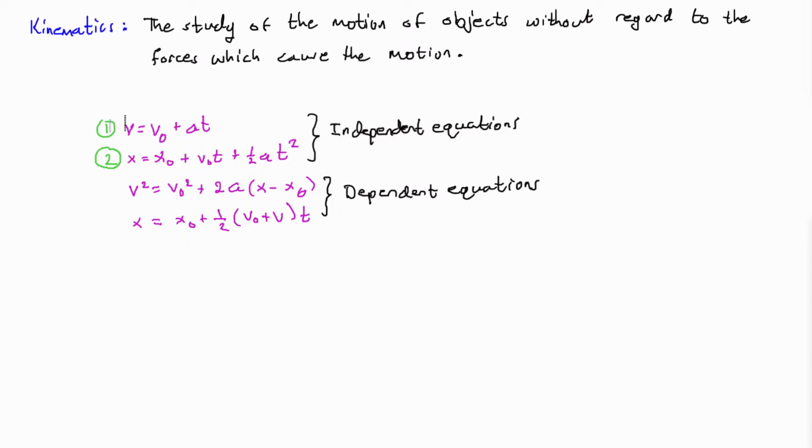We're not dealing with three-dimensional or two-dimensional motion here. We're dealing with only one-dimensional motion. So I guess you can say this is one-dimensional kinematics because we're only focused on the x-axis.